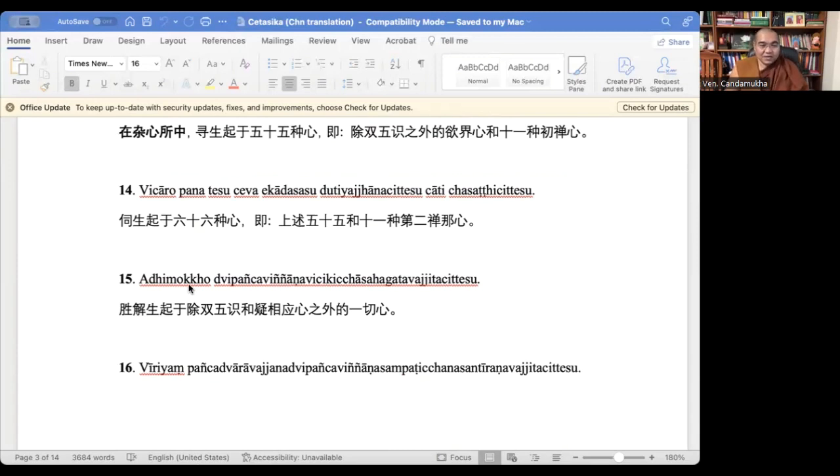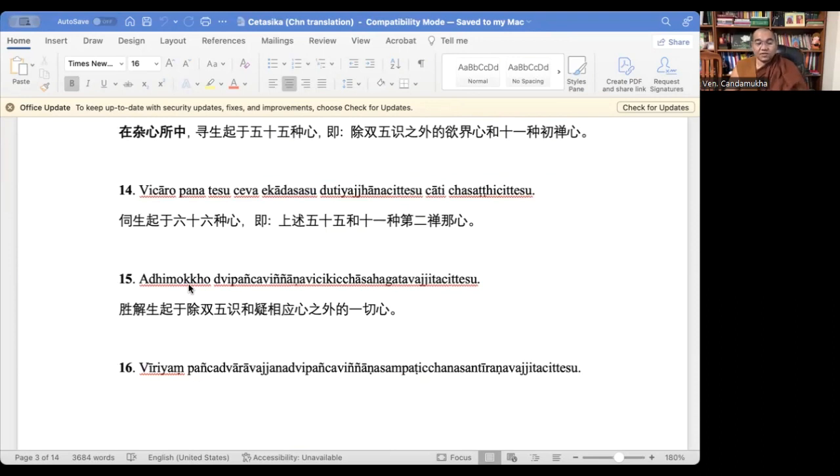So it does not associate with the Dvipancavinnana and also the Vicikiccha Sampayutta Citta. In the Dvipancavinnana, Adhimokkha is not necessary, because the rising of eye consciousness and so on is so obvious. So Adhimokkha has no place to function in the case of the 10 Dvipancavinnana.